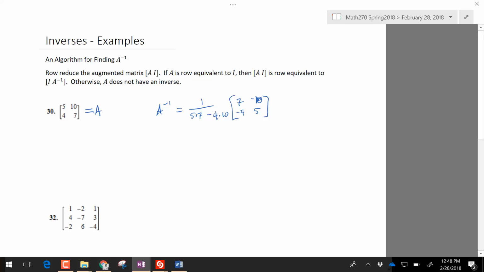And what is this, negative 5? 35 minus 40. Negative 5 in the denominator, so we get negative 7/5, positive 2, positive 4/5, and negative 1. So that's the inverse, right? According to the theorem.